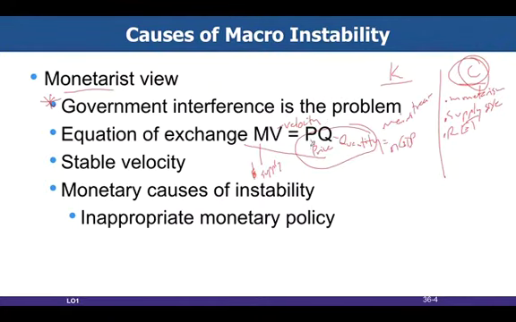So what the equation of exchange tells us is that you take the velocity of money, which is how many times in a particular period, generally a year, $1 is spent and respent and respent. So when I had you guys standing at the front of the room, and a bunch of you guys were up there, and I said, all right, so business A goes to business B, and spends and spends.